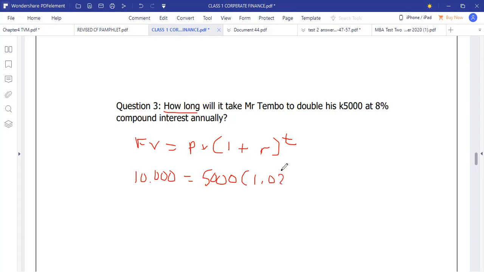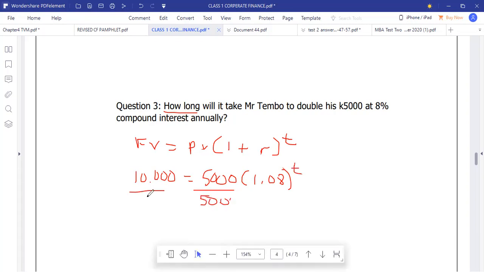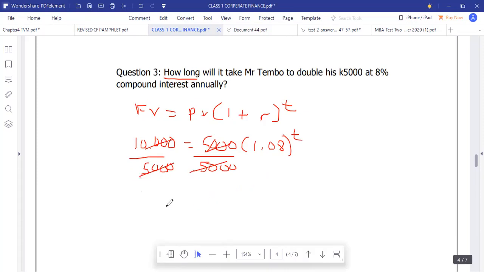Where's the 10,000 coming from? To double. Excellent. So when you divide both sides here by 5,000, we're going to have a 2 on the other side. If it was tripling, we're going to have a 3.